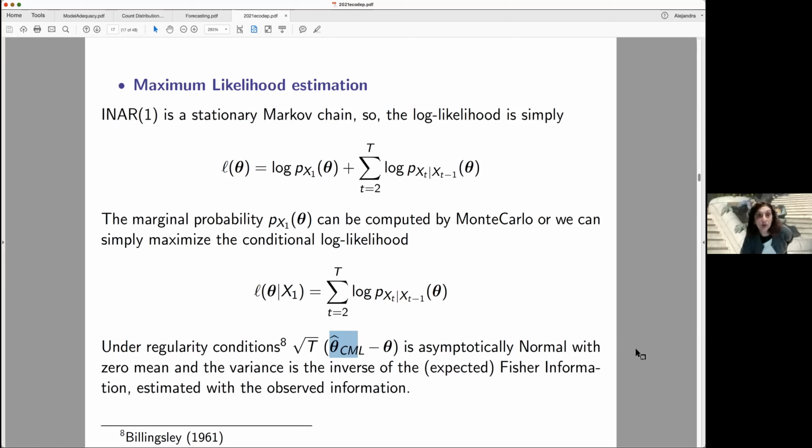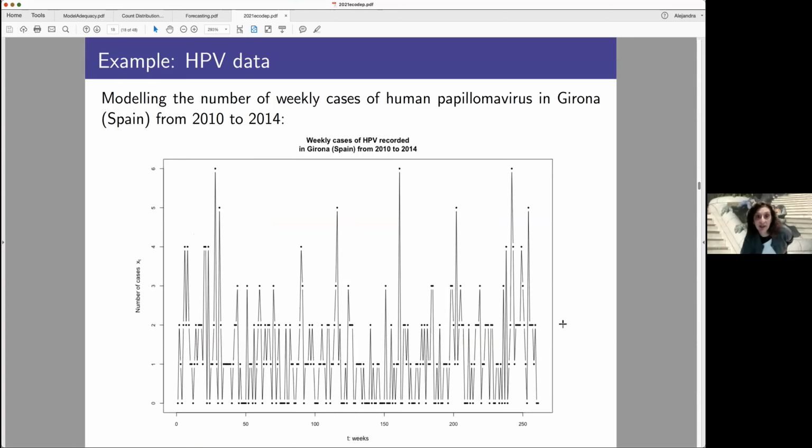So once we have the process and how to estimate the parameters, let's see it working. Let's watch this example here. If we have time, which I think we will, we can do it live with R. But for the moment, let's just see how things work.